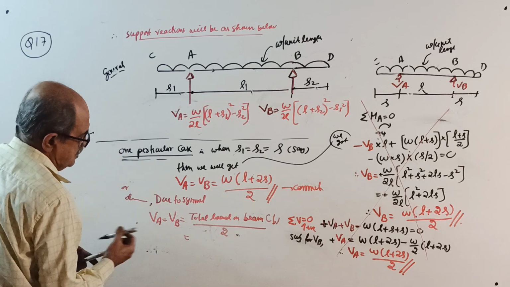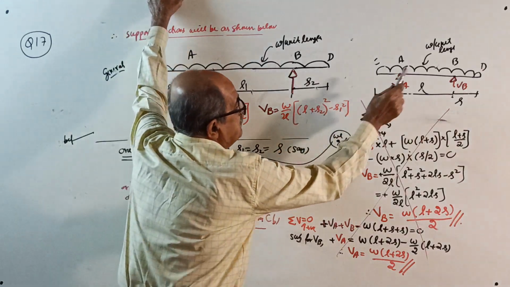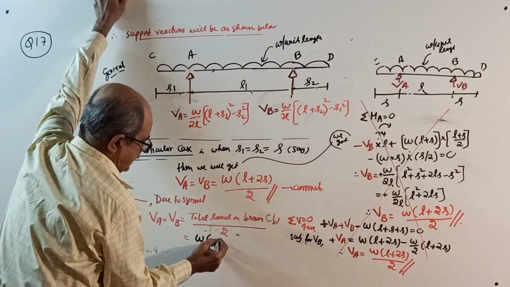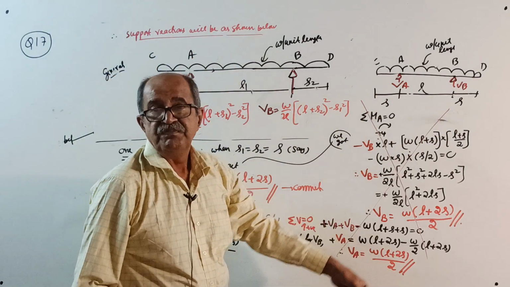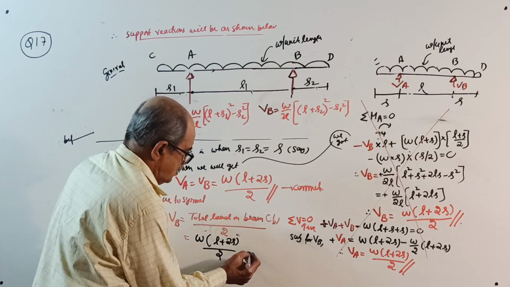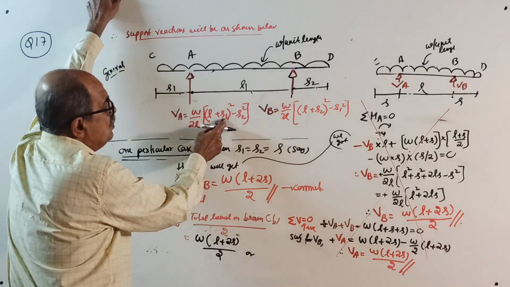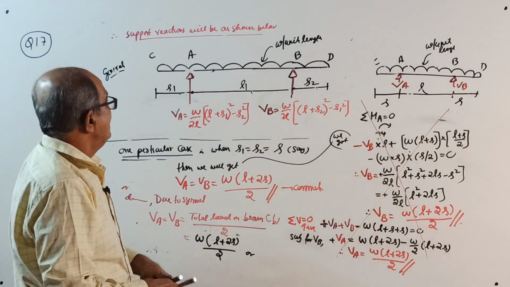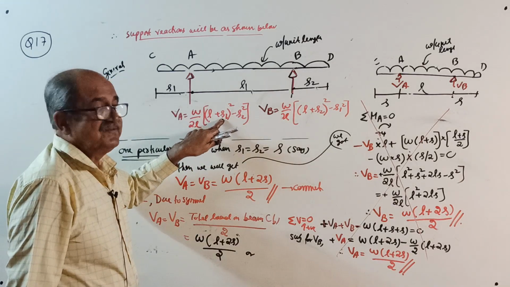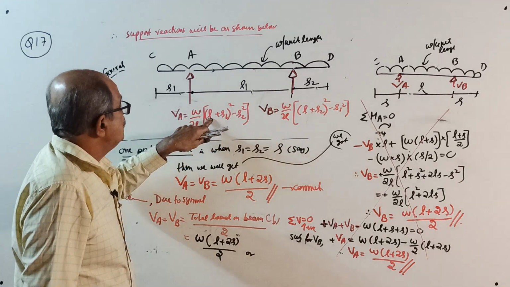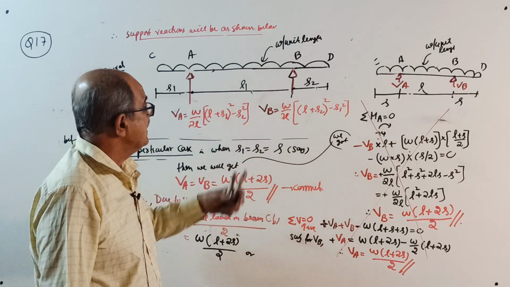The total load is W into (S plus L plus S), or W into (L plus 2S) divided by 2. Or make one more note: you can use this equation also. Put S1 equals S2 equals S. Here, L square plus S square plus 2LS minus S square, L square plus 2L by 2L, it will become W by 2. Okay, you can try that also.